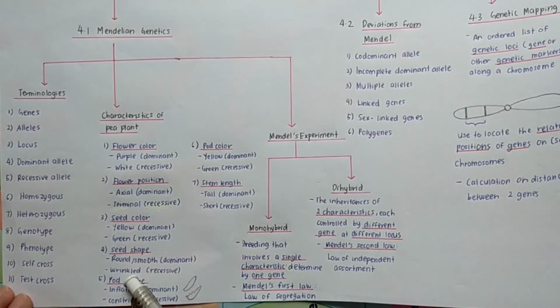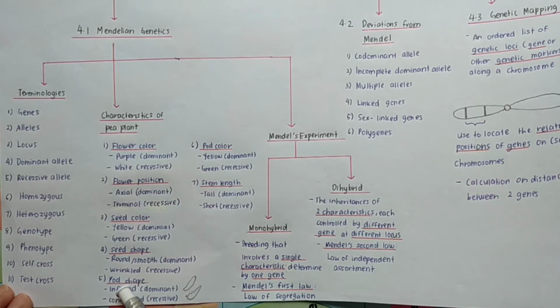Then for the pod shape, pod tu maksudnya kita refer kepada kantung dia lah, kantung of the pea tadi. For pod shape, the first one is inflated. Inflated means dominant, so maksudnya bentuknya macam ni lah. The other one we call constricted. Constricted is recessive. Constricted ni awak akan nampak dia macam berlekuk-lekuk.